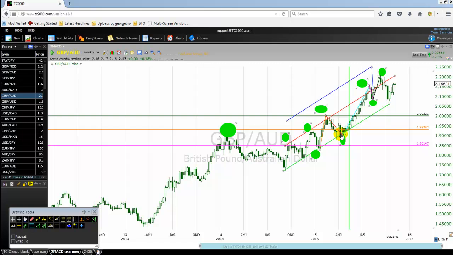One of the characteristics of the second wave is that very often, if we are in an uptrend, the second wave should find support. The second wave should stop somewhere near the 50% of the first wave.